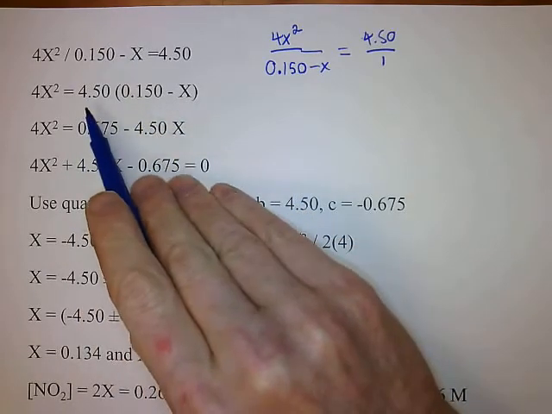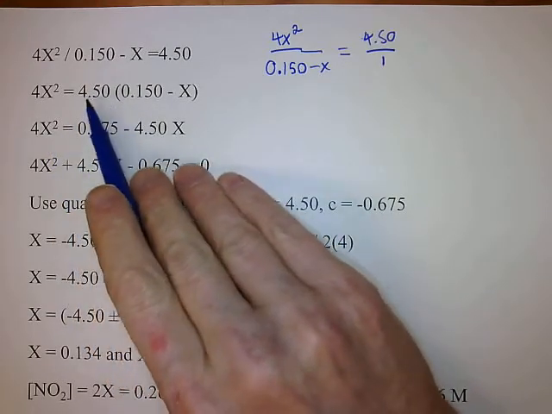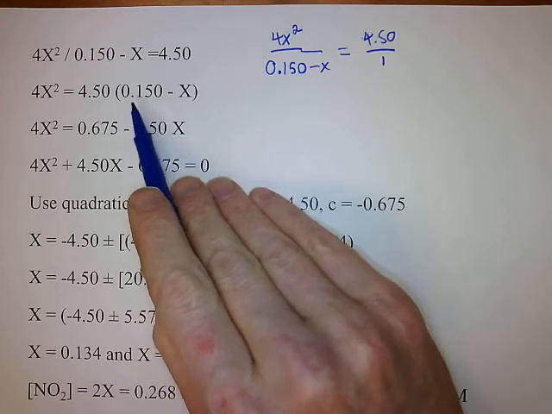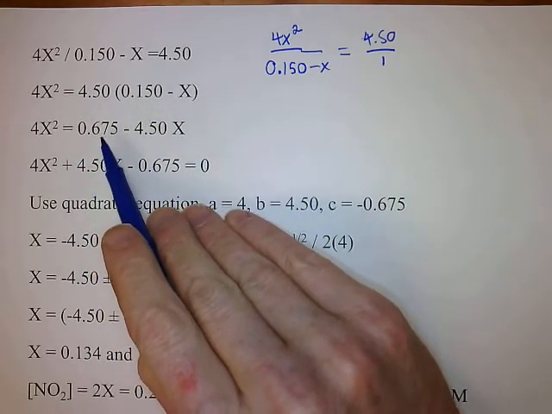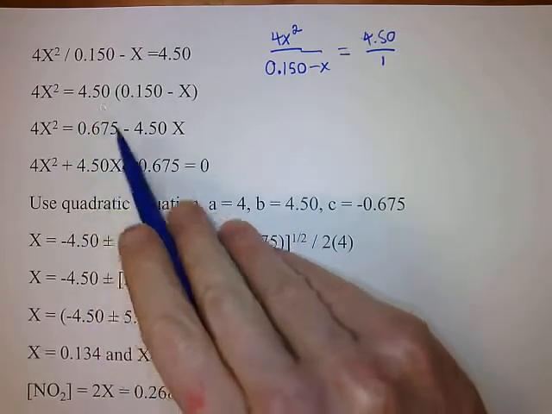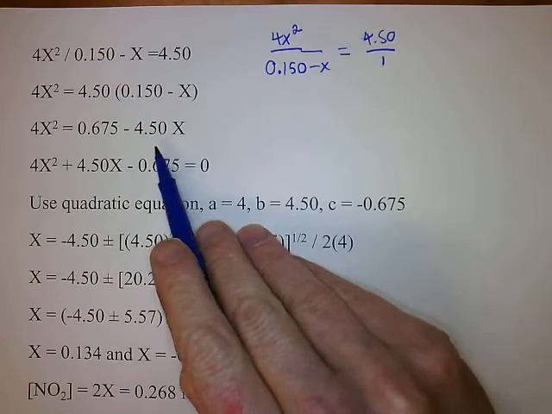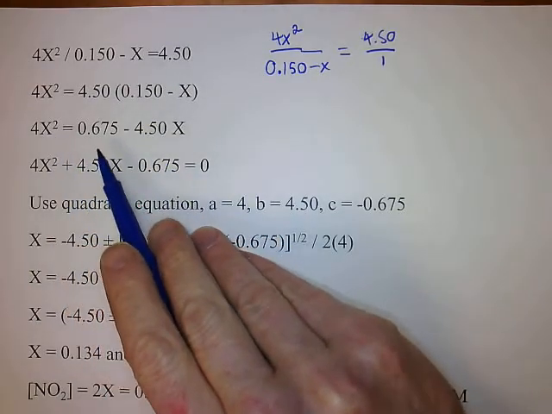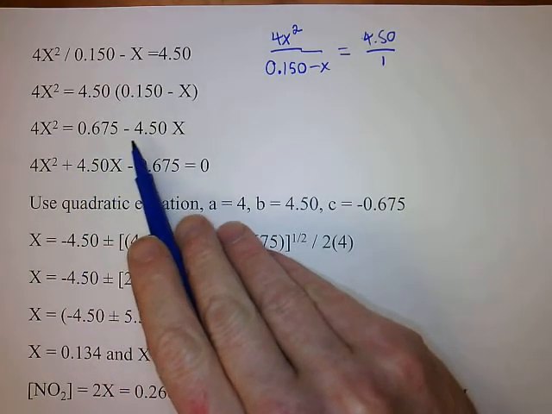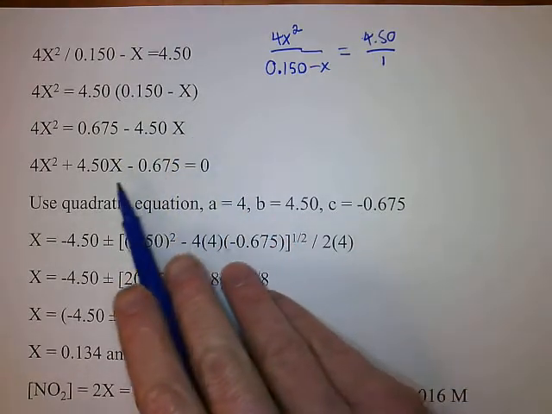Okay. Then I distributed the 4.5. So 4.5 times 0.150 is 0.675. And obviously 4.50 times x is 4.50x. So 4x squared is equal to 0.675 minus 4.50x.